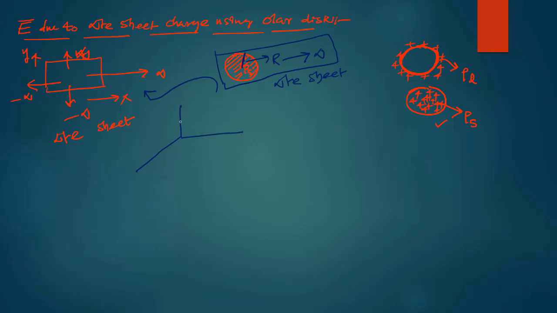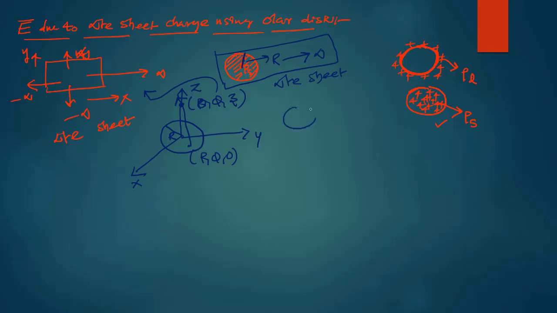So we are placing this circular disc of finite radius r on the xy plane, and we need to find the electric field due to the circular disc at the point on the z axis. So that is 0 comma 0 comma z. And the point on the disc, that is on the xy plane, is given by rho comma phi comma 0, and this is the r bar.